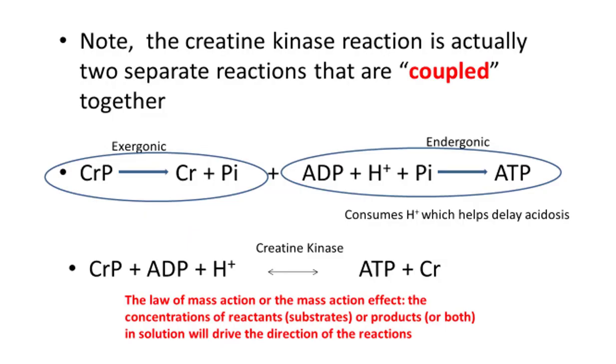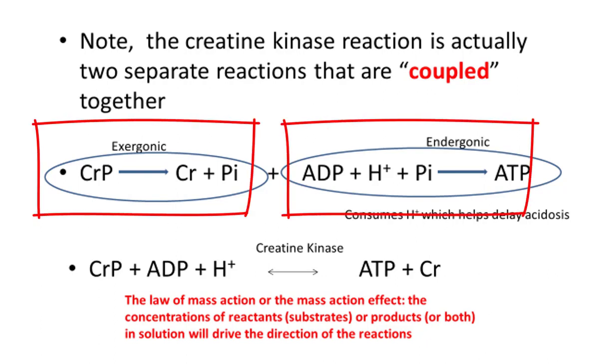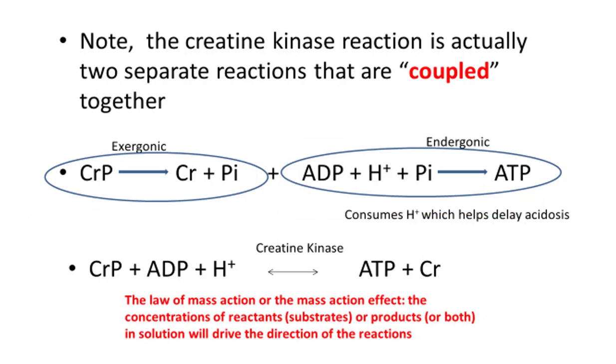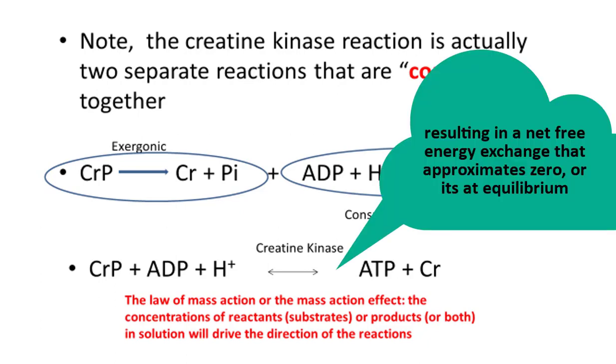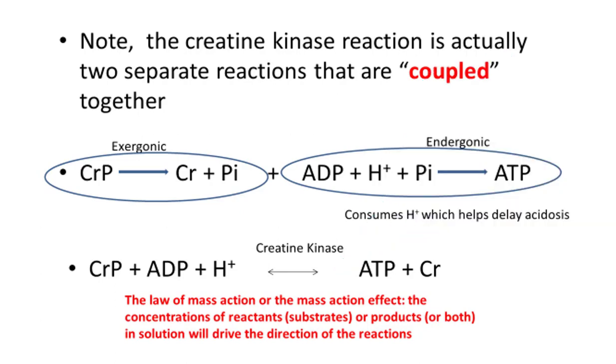Do you remember our lecture video entitled Creatine Kinase Reaction? Using Hess's law, Dr. Gon showed how to add two reactions, which are hydrolysis of ATP and hydrolysis of creatine phosphate. When the reactions are coupled, the two free energy changes can be summed, resulting in a net free energy change that is approximately zero, or at equilibrium.